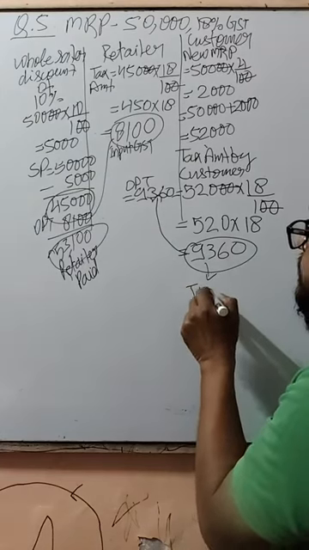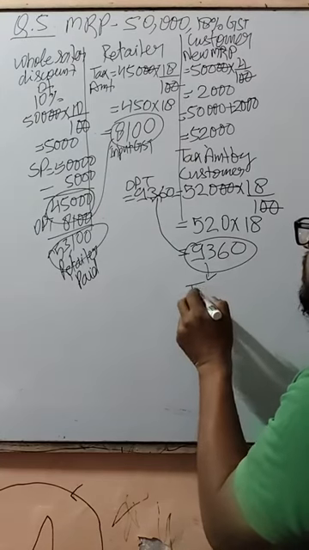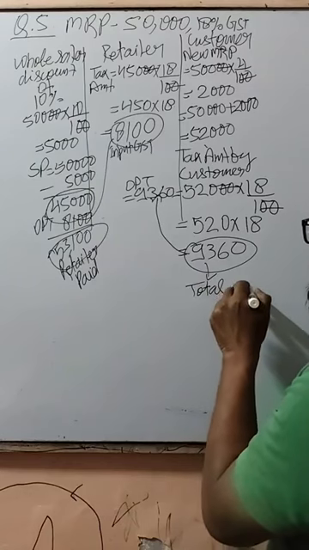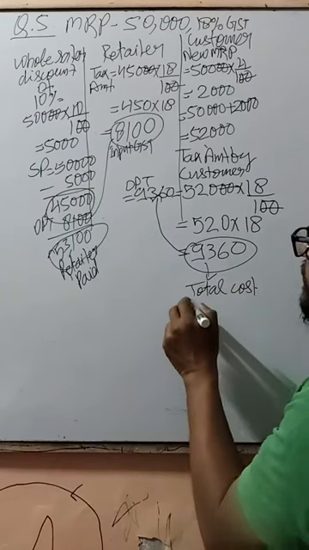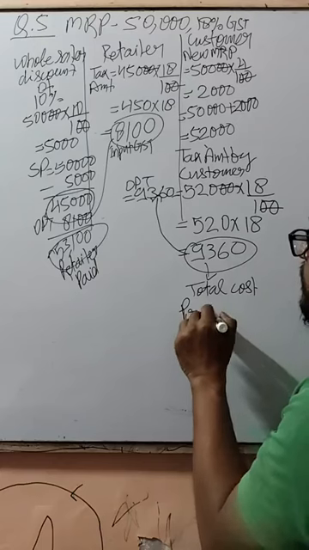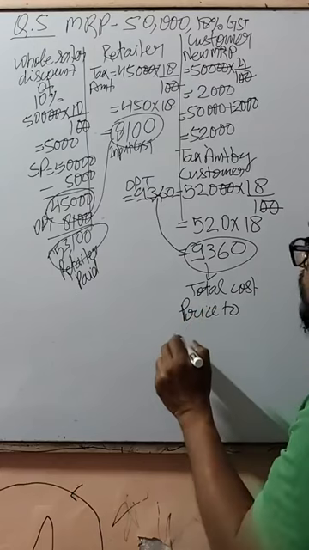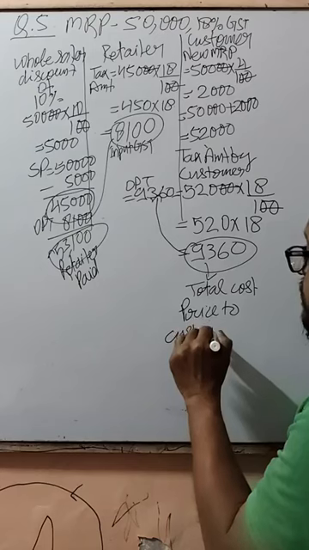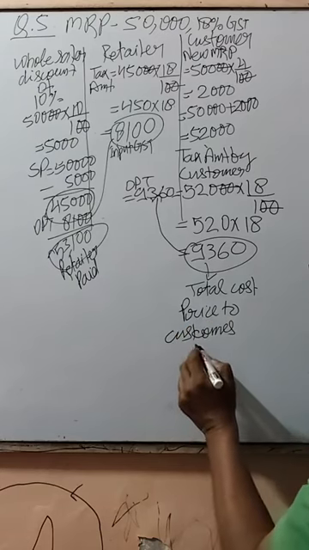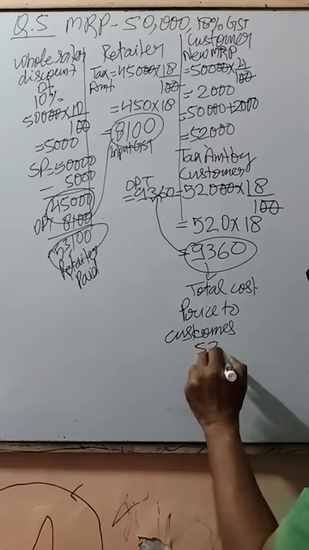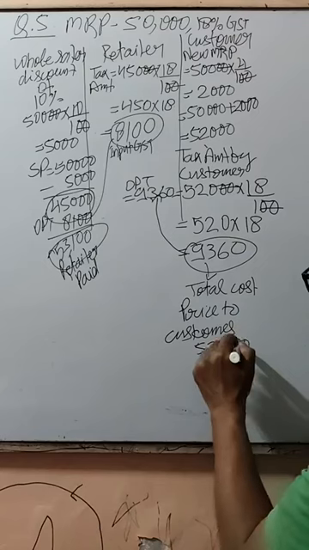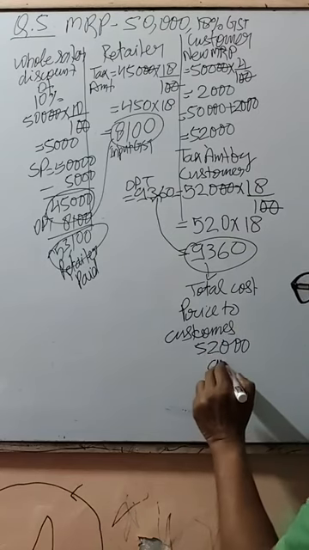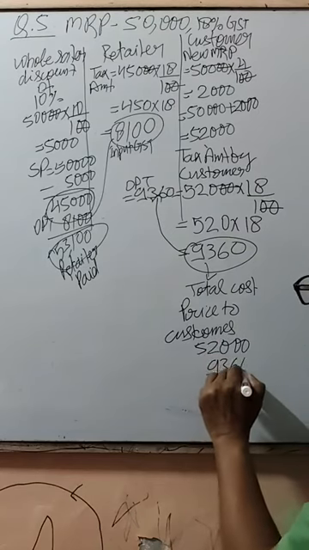and the customer paid total cost price to the customer is equal to 52,000 and 9,360.